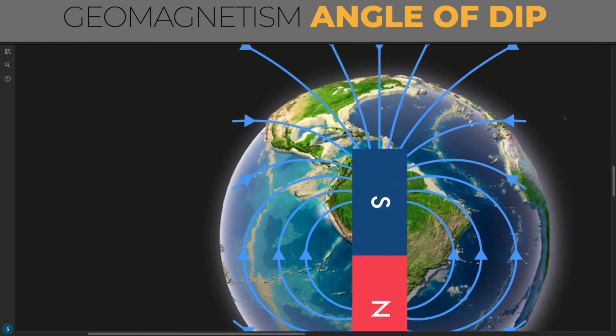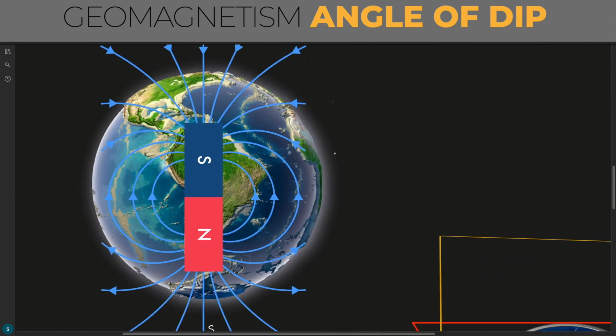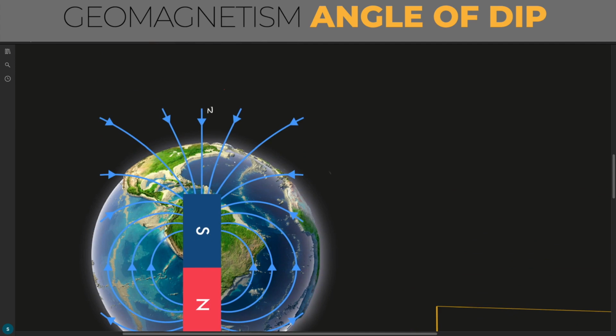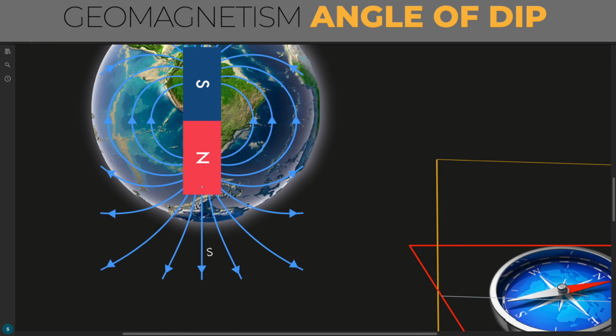All these magnetic lines of force are emitting from the north pole and coming to the south pole. This is written for the purpose of the geographic north pole we are talking about, and we'll come back to it later. What you need to understand is that the magnetic lines of force converge at the south pole and diverge from the north pole.